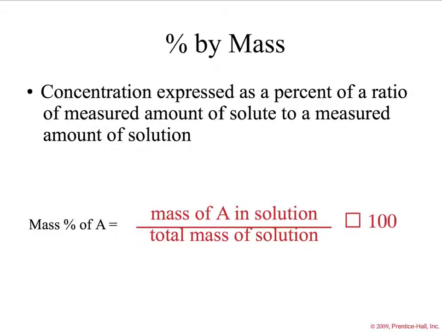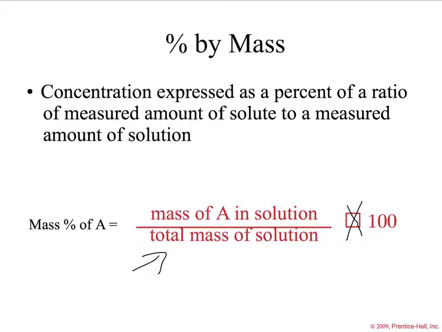You're going to do the mass of the part you're looking for over the total mass times 100. This total mass is very important. Don't get confused, sometimes you'll have to calculate this total mass. So usually it's the percent of a solute in a solution or the solvent in a solution. And we'll do an example on the next page.